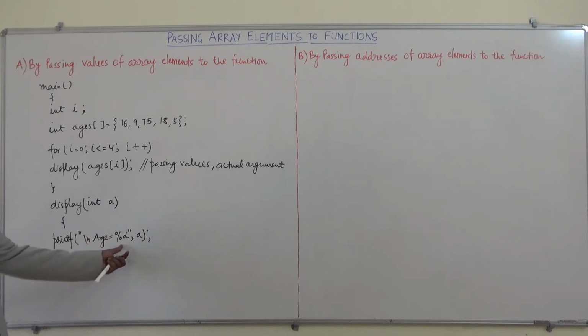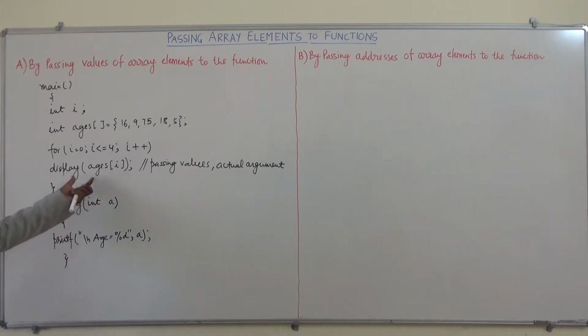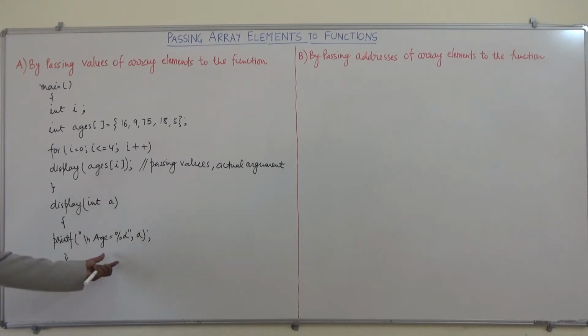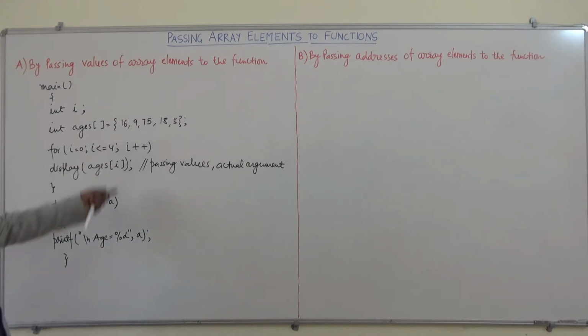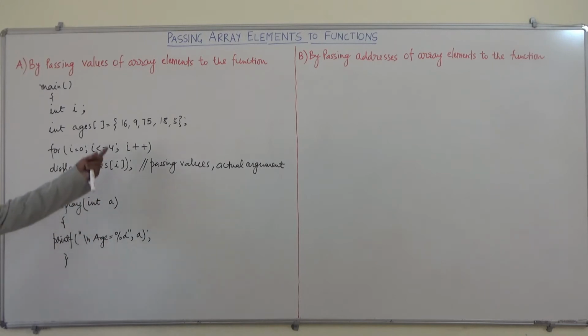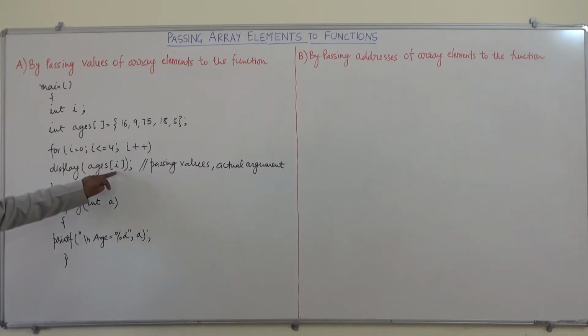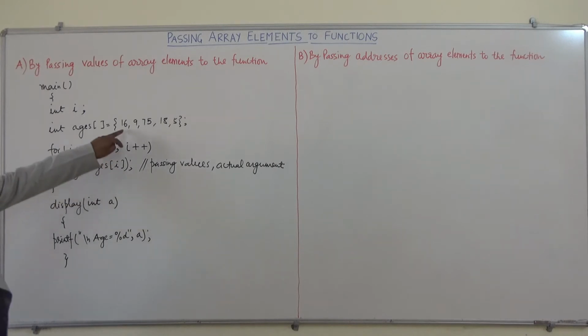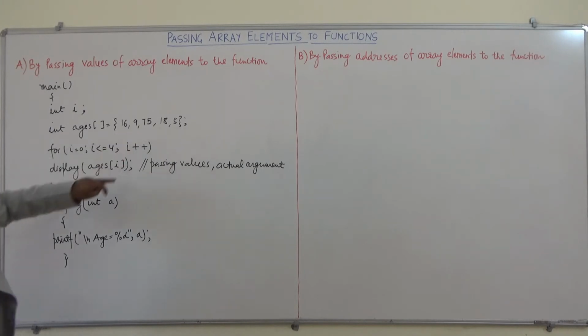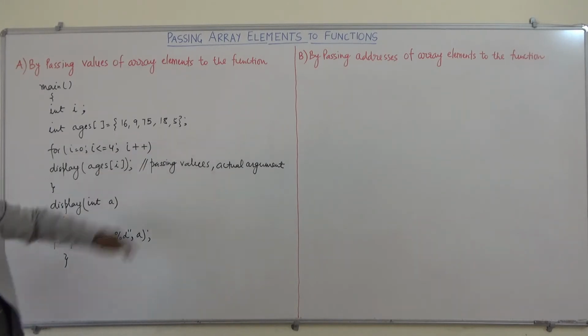With the help of this function we will pass the value, and it is printed here. In this way, one by one all the values will be printed. First when we pass 0, then age is 16, this 16 will be printed, then I will be 1, then this 9 will be printed, and then 75, 18 and 5.